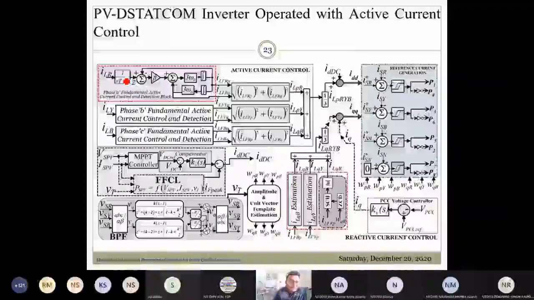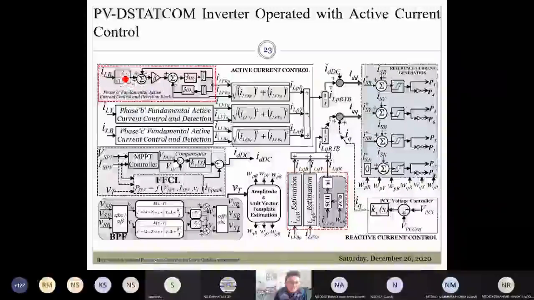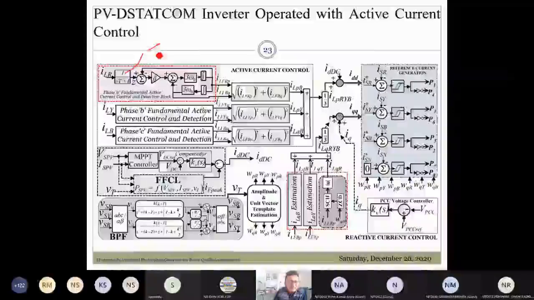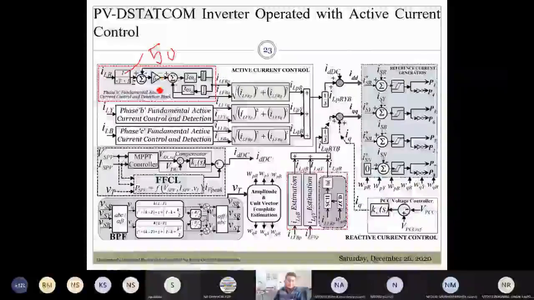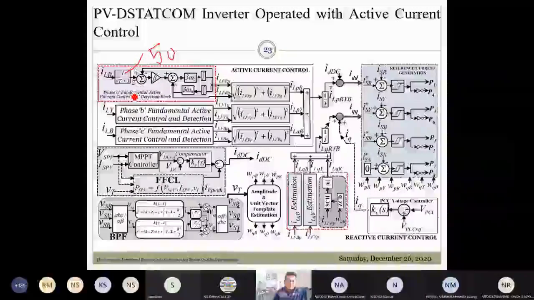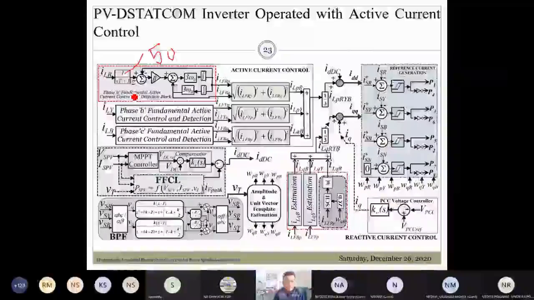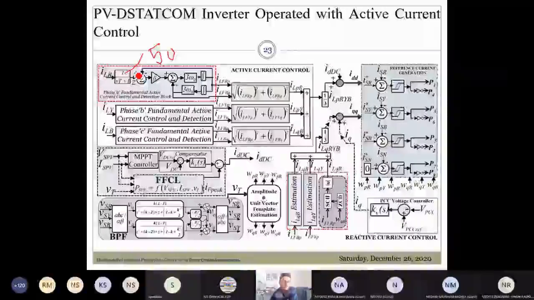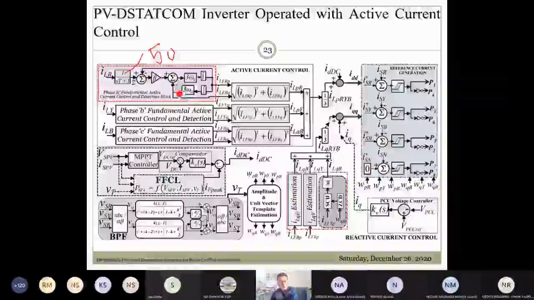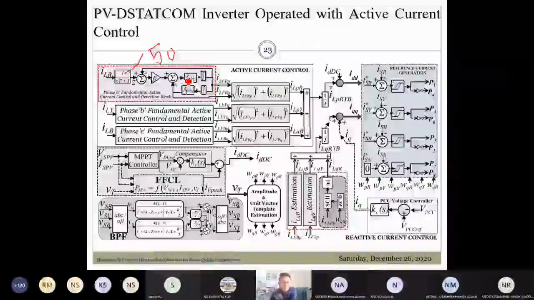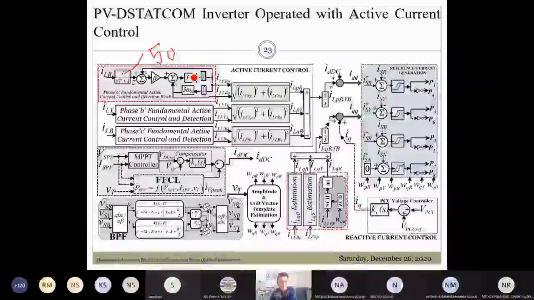I have set the cutoff frequency to be 50. In the earlier case, the cutoff frequency was somewhere around 5 Hz or 10 Hz, but it led to an ingrained paradox between the steady state and dynamic response. Therefore, to address this problem, I have set this cutoff frequency as 50, and I have tuned this filter at the third harmonic, so it introduces infinite gain at the third harmonic.